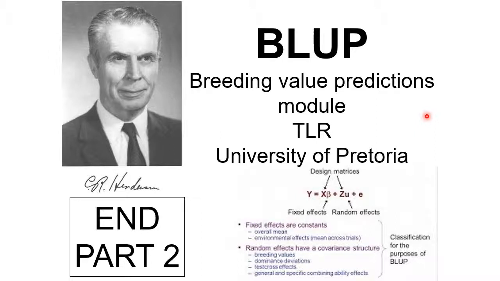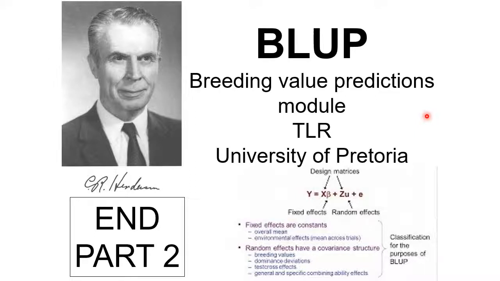Also those animals without observations obviously cannot be linked to a fixed effect because they do not have an observation. So in their columns or rows they will only have zeros, but the animals with observations will have ones in the corresponding level of the fixed effect, and zeros obviously in the other levels. It's either sex 1 or 2, or if we consider herds, for example, an animal will only have an observation in one specific herd.